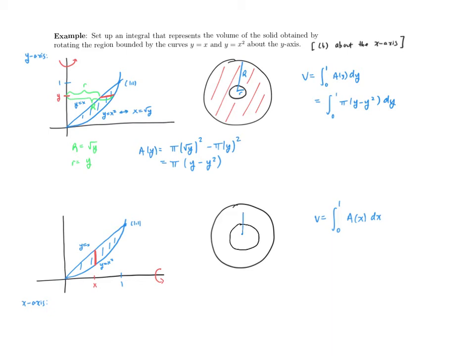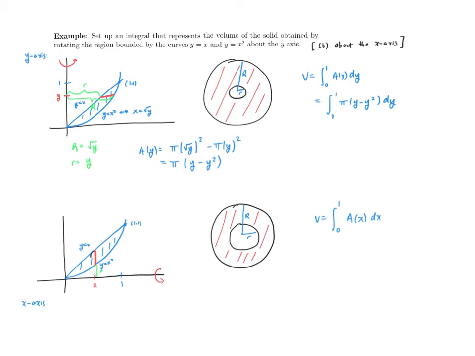So we need to think, what is the big radius? What is the small radius? So that we can determine the area of this red shaded region. In our picture, we once again should be able to identify this pretty quickly. The small radius is the distance that closer curve is away from the x-axis.